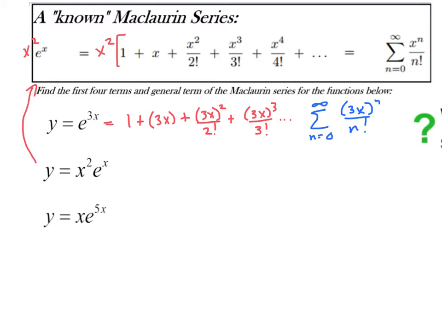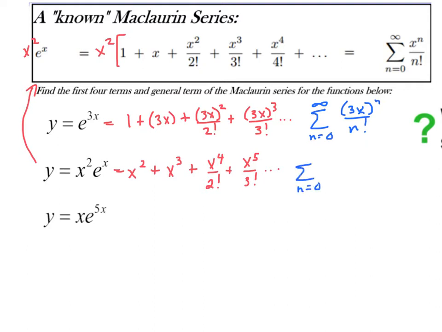So the first term is x squared. The next term is x squared times x, which is x cubed. The next term, x squared times x squared, is x to the 4th. The next term, x squared times x cubed, is x to the 5th. And that's it.